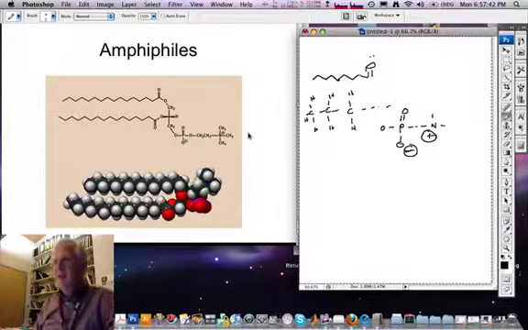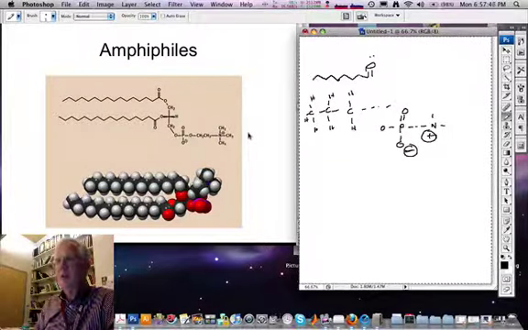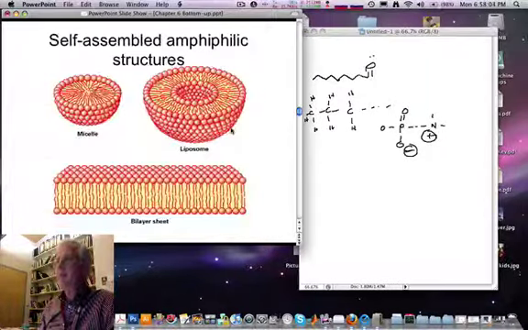They don't just self-assemble with themselves. When you get an oil stain on your shirt and put it in the laundry, you'll add, when you shake the detergent bottle, a molecule very much like this, with an oily part and a water-loving part. So this part will bond to the oil in the oil stain on your shirt, this part will pull it away into the water, and the result is a clean shirt.